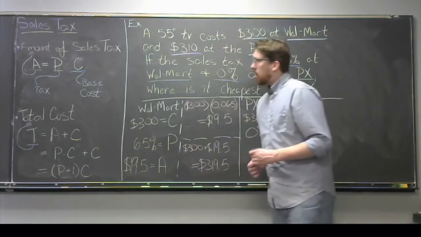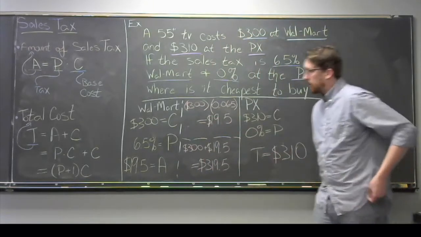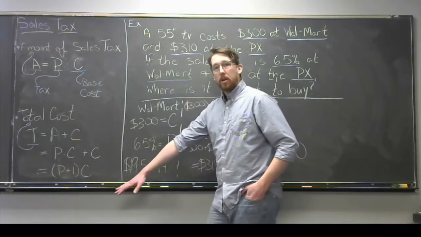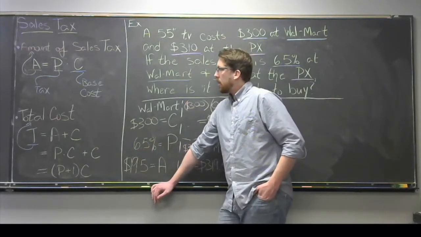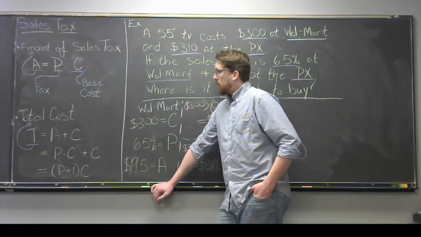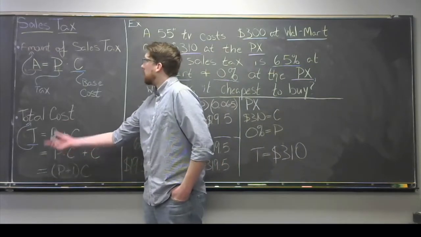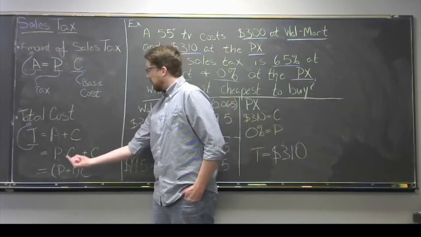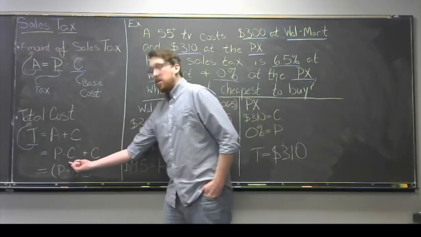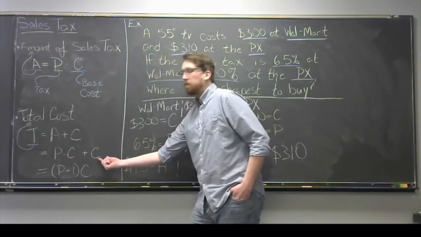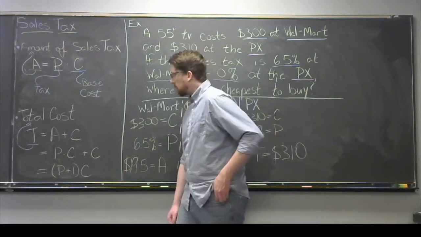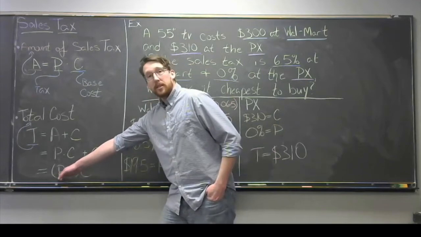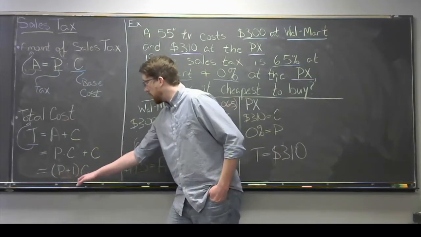Having said that, let's go back really quickly to this idea of total cost. Here I wrote it out a little bit differently, a little bit longer formula than what's in the book. What I want to point out here is, notice if we take the amount of sales tax and rewrite it as our tax times our base cost, in this form we can factor out our C, our cost, and we get that the total cost is our percentage written as a decimal plus 1 times the cost.